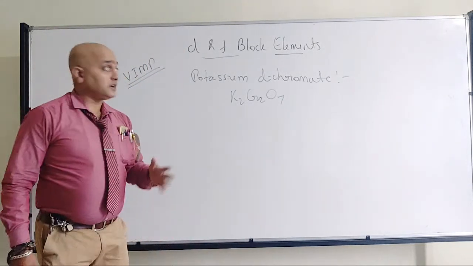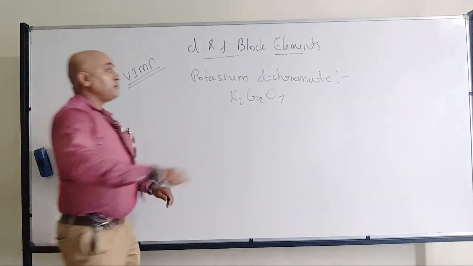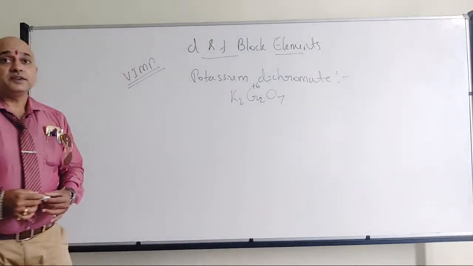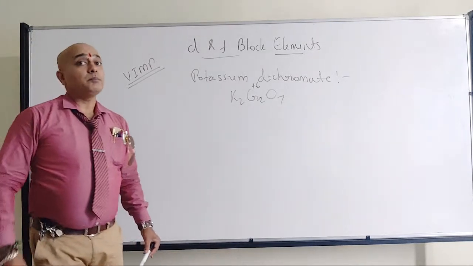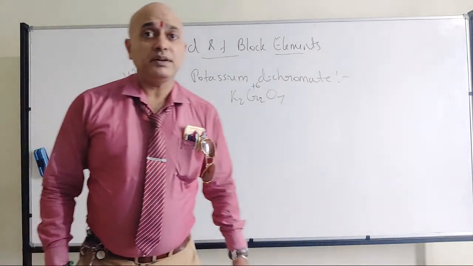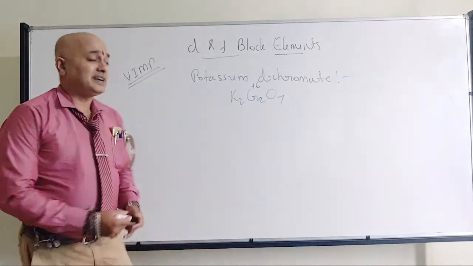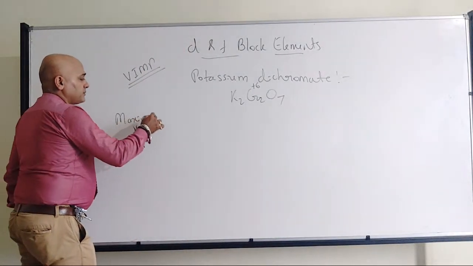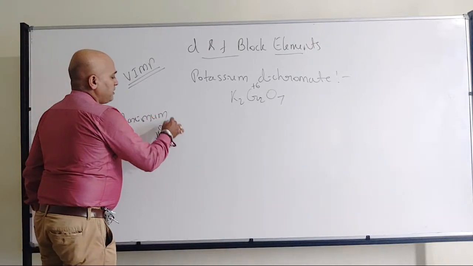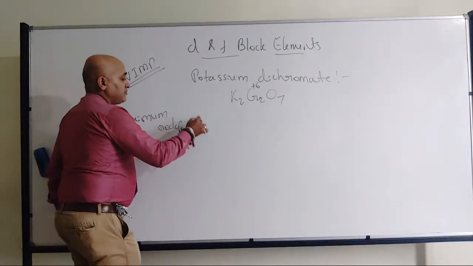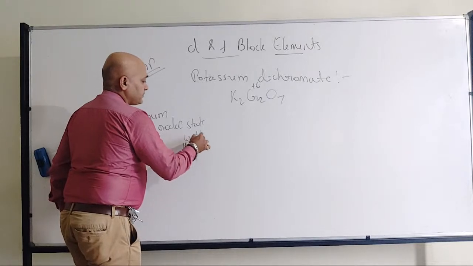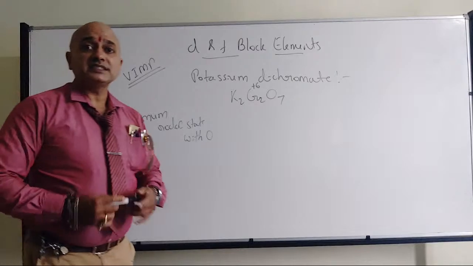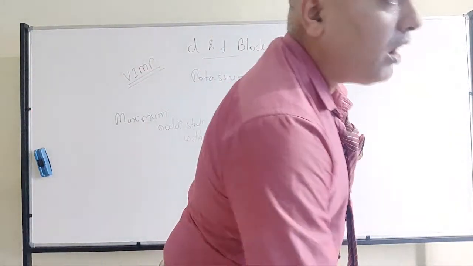And one thing I remember here: chromium can go up to +6. Please remember, as I told, for manganese the same logic is applicable. All these transition elements will have their maximum oxidation state with oxygen, not with fluorine and so on.